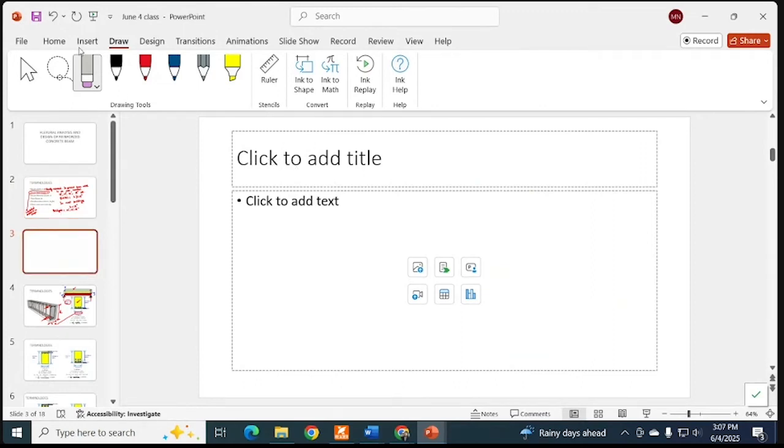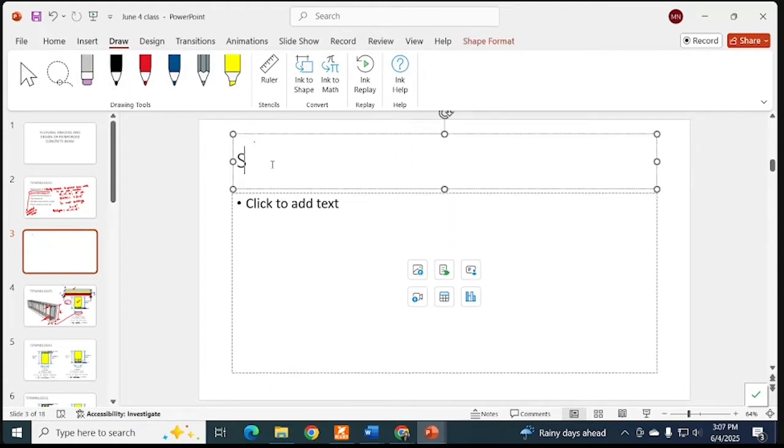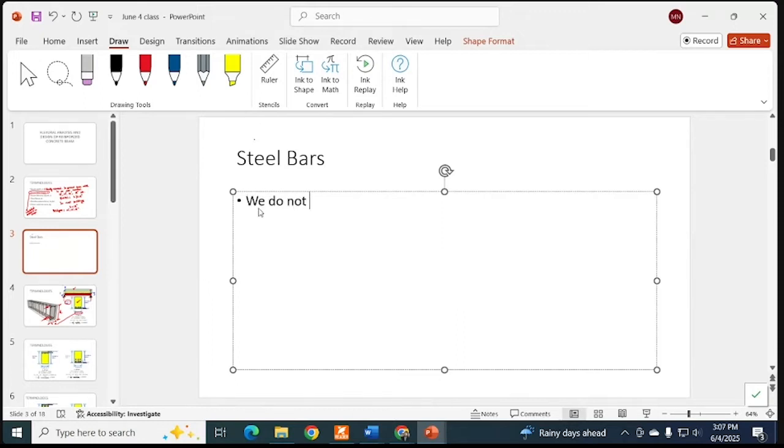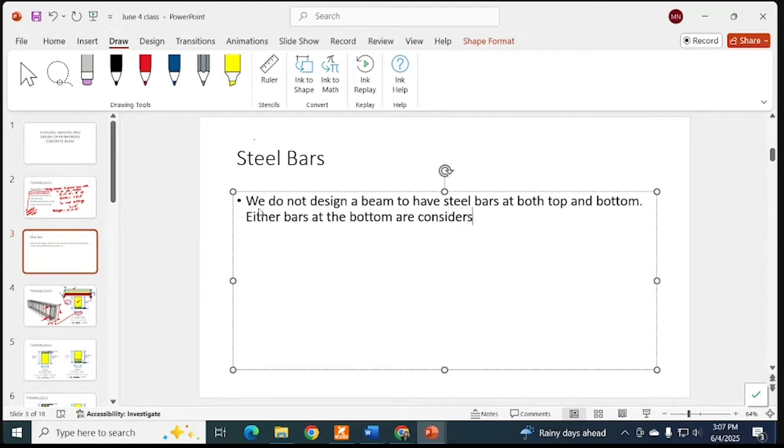We are talking at this moment about the steel area. Either you consider the top bars or you consider the bottom bars.